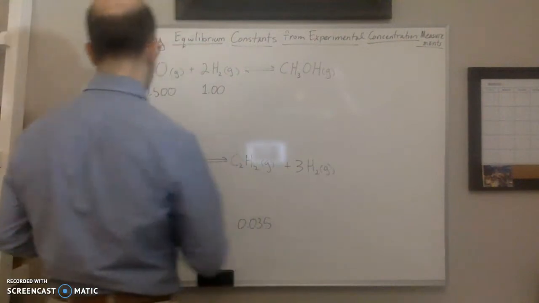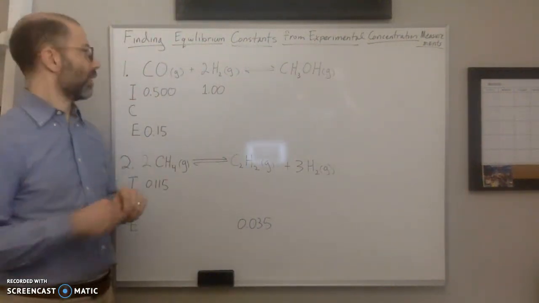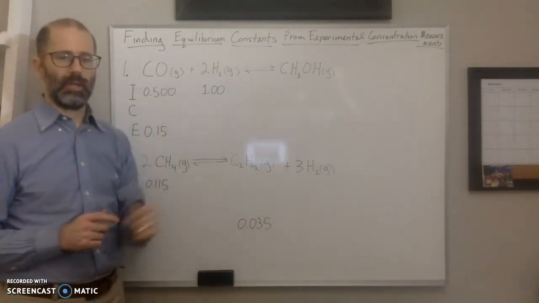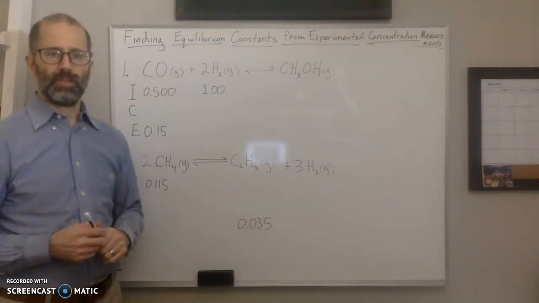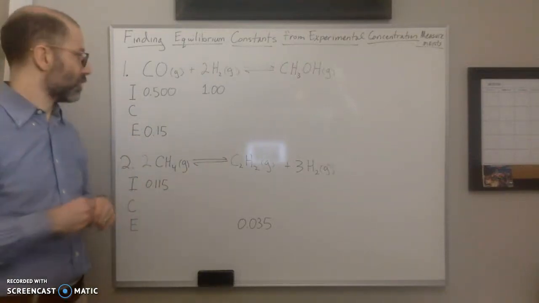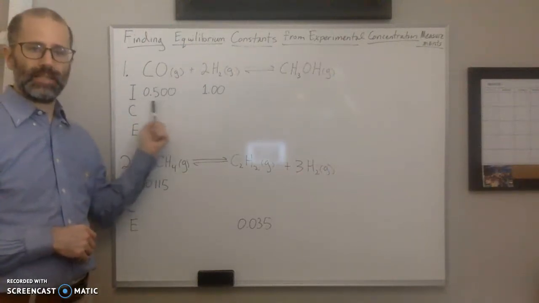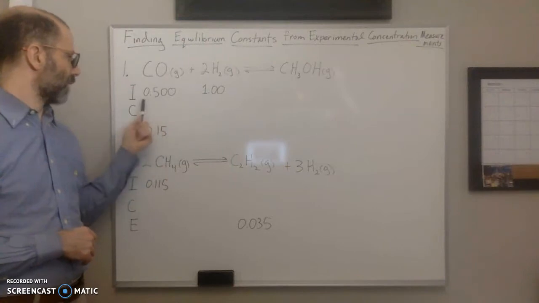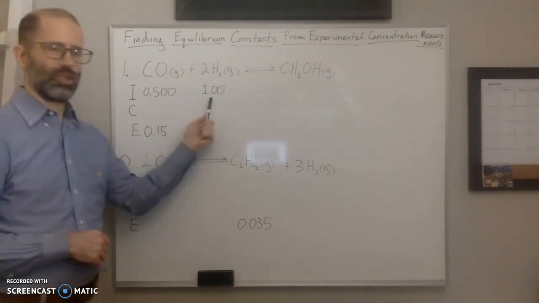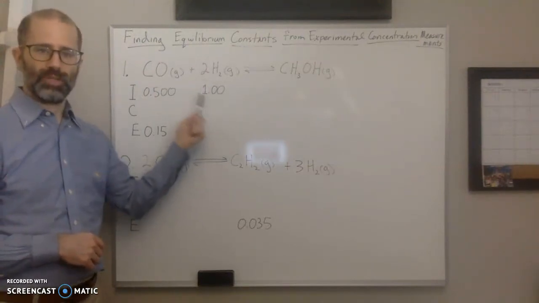And so in the first problem, they give me a reaction. They tell me that carbon monoxide plus hydrogen gas is going to give me methanol, gaseous methanol. And so they give me the initial concentration of carbon monoxide, 0.500 molar, and the initial concentration of H2, which is 1.00 molar.